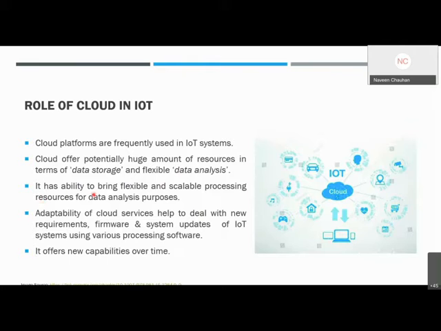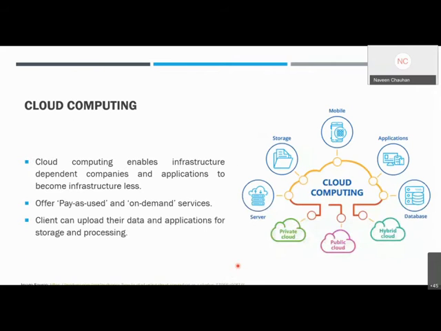So it has the ability to bring flexible and scalable processing resources for data analysis purposes. The adaptability of cloud services helps to deal with new requirements, firmware and system updates of IoT systems using various processing software. It offers new capabilities over time. So whether we talk about data storage or the flexibility of data analysis, these are all part of the role of the cloud.